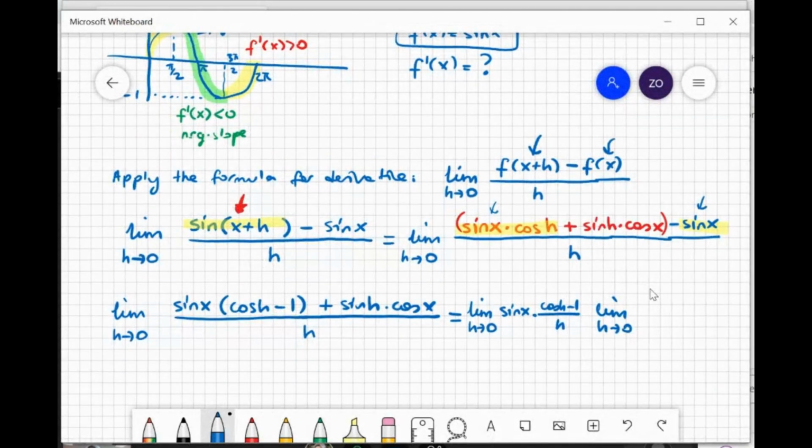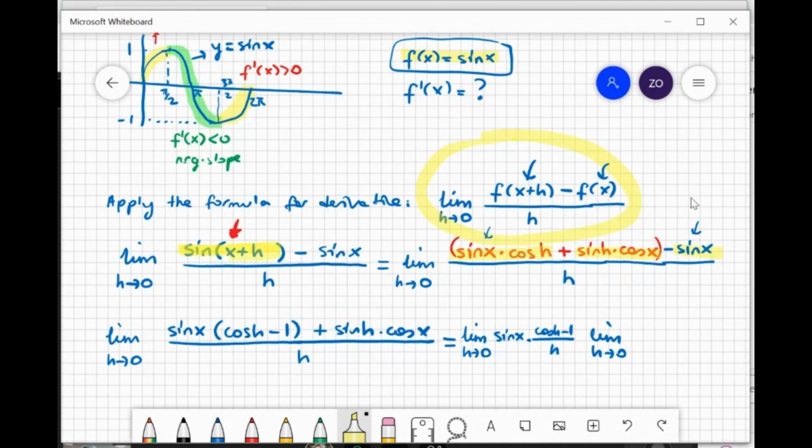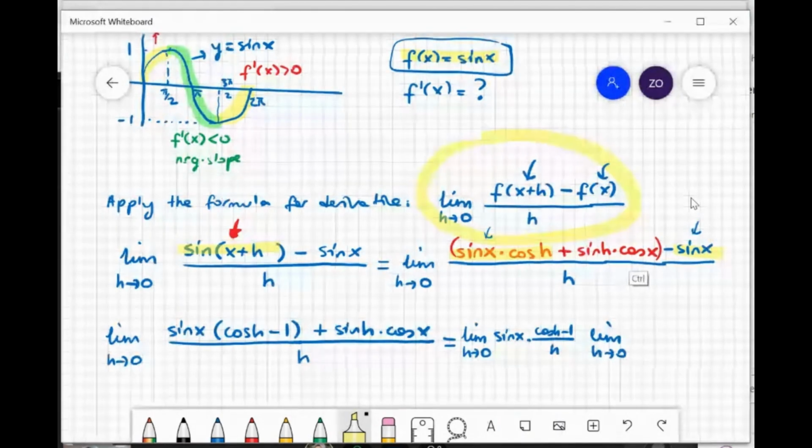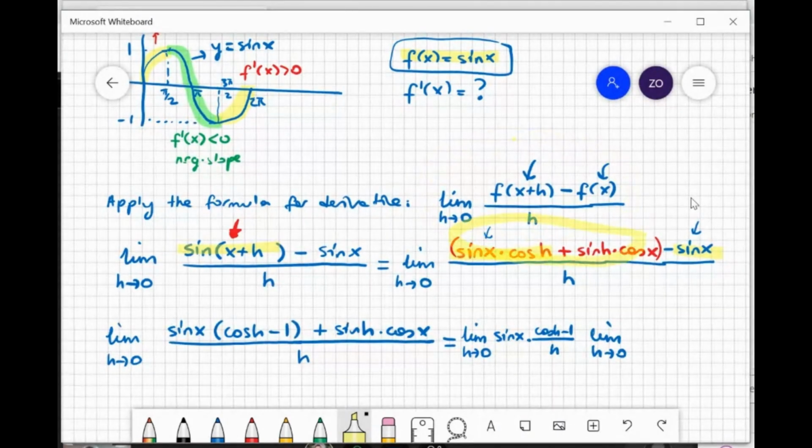Let me repeat what we have done so far. We had sine of x plus h, because in the function we have to plug in x plus h, and then you evaluate sine of x plus h. The red part here is obtained from that formula.